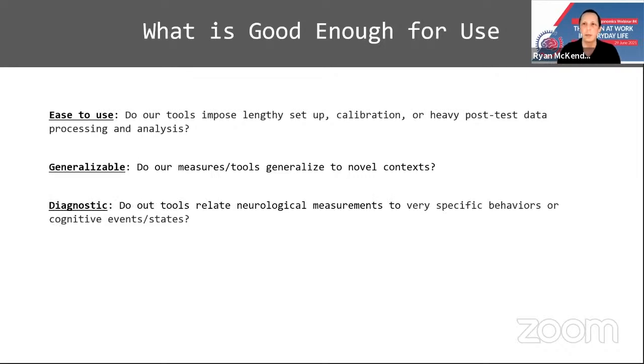One that I've been thinking a lot about, which really fits well with this notion of use, is: are our tools diagnostic? The notion is, maybe I can't have a perfect representation of an underlying brain state or an underlying emotional state. That is a grand goal. But can I show that a tool that I've developed with a certain amount of validity can be more diagnostic than a previous tool?